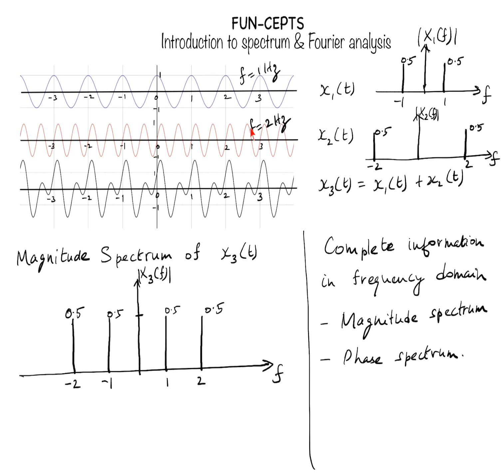So periodic in the time domain corresponds to discrete in the frequency domain. So let's note down this point. We can have time domain and frequency domain.